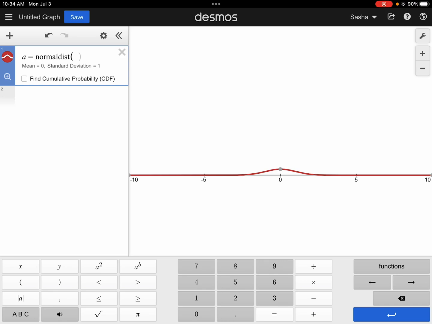So I'm putting A equals, that's just the name of my curve. Then you have to type in the mean and then the standard deviation. In this case, our mean was 1060 and our standard deviation was 217.